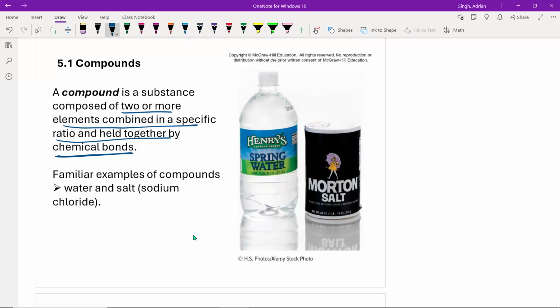As a good example and a good contrast between ionic and covalent, here we have an example of a covalent compound, which is water.